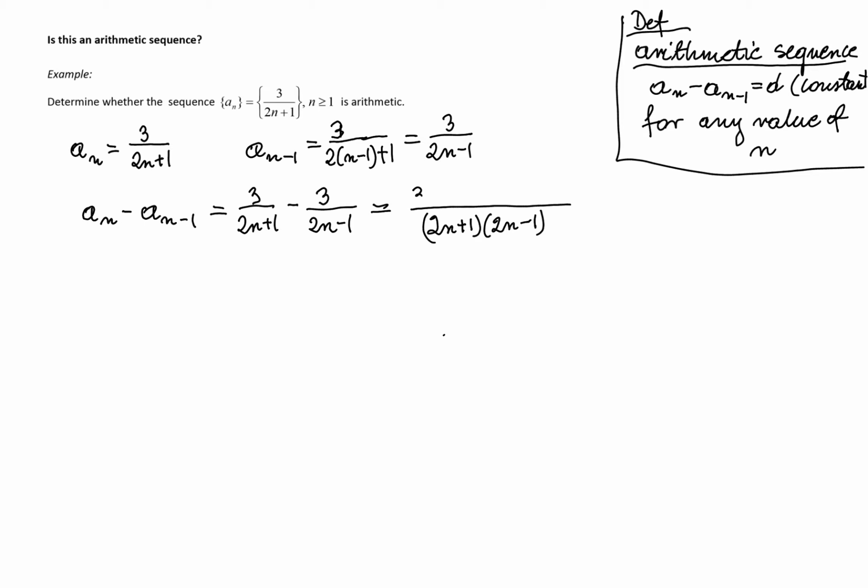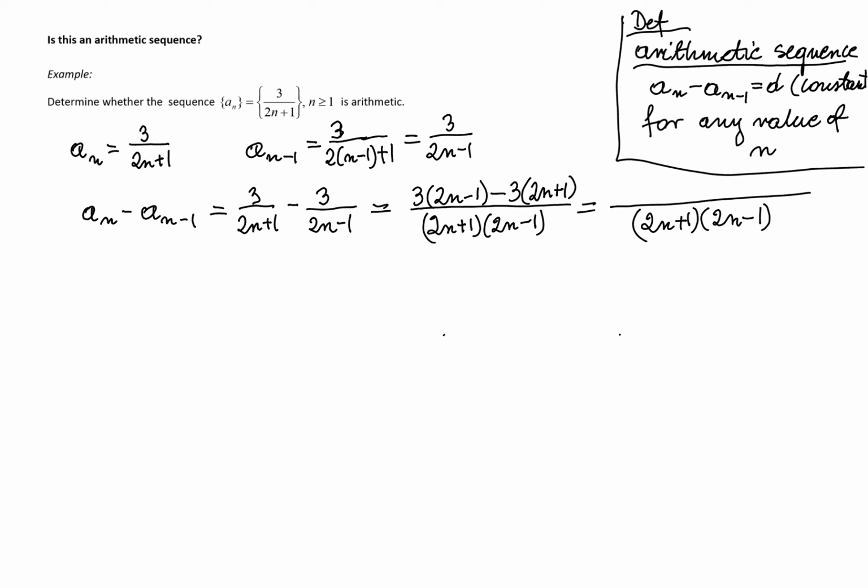The first numerator will have to be multiplied by 2n minus 1, and then we'll have a minus, and the second numerator will have to be multiplied by 2n plus 1. We'll leave the denominator as is because we'll be hoping that something is going to cancel out, so we want to have the denominator in a factored form.